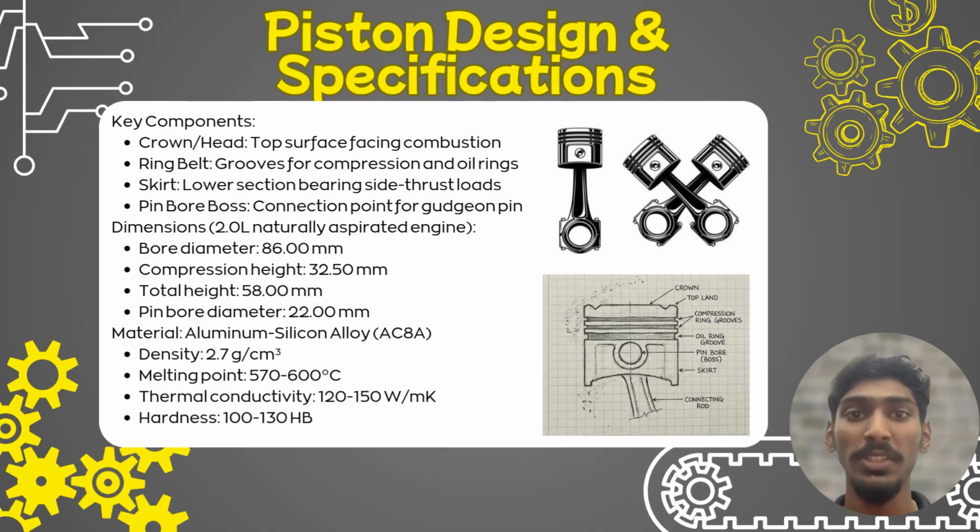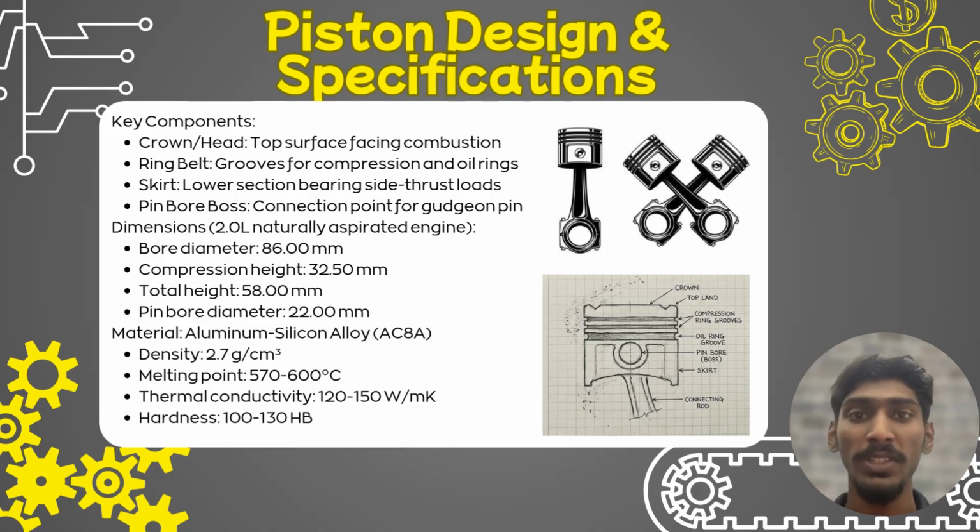Piston bore diameter 86 mm, compression height 32.5 mm, total height 58 mm, pin bore diameter 22 mm. Material: the material is aluminum silicon alloy, specifically known as AC8A. Density 2.7 grams per cubic centimeter, very light.